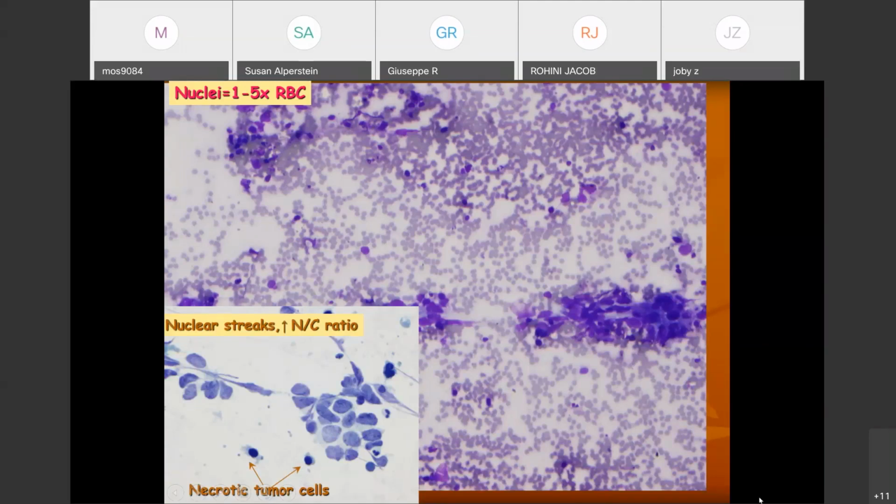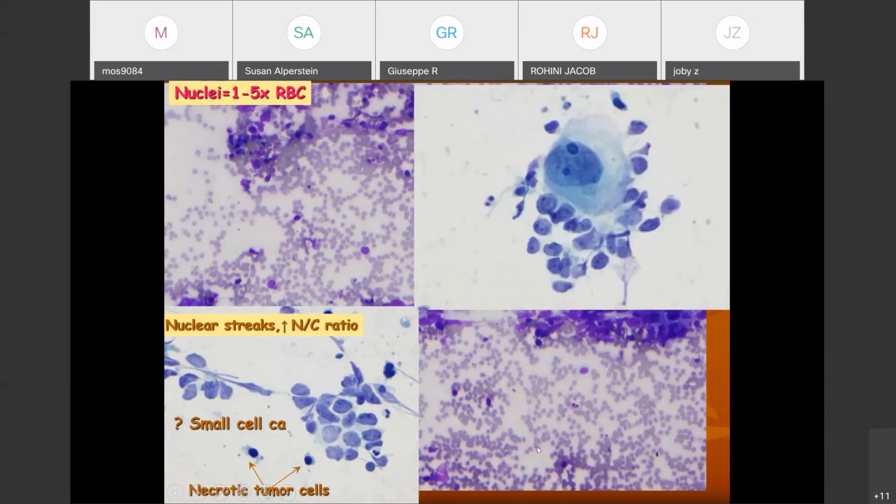So this case is very interesting because it had nuclear streaking and high N/C ratio, almost like a small cell carcinoma. However, they're bigger cells, so it's very strange. And so I was thinking at the time, could this be mixed small cell, large cell carcinoma?